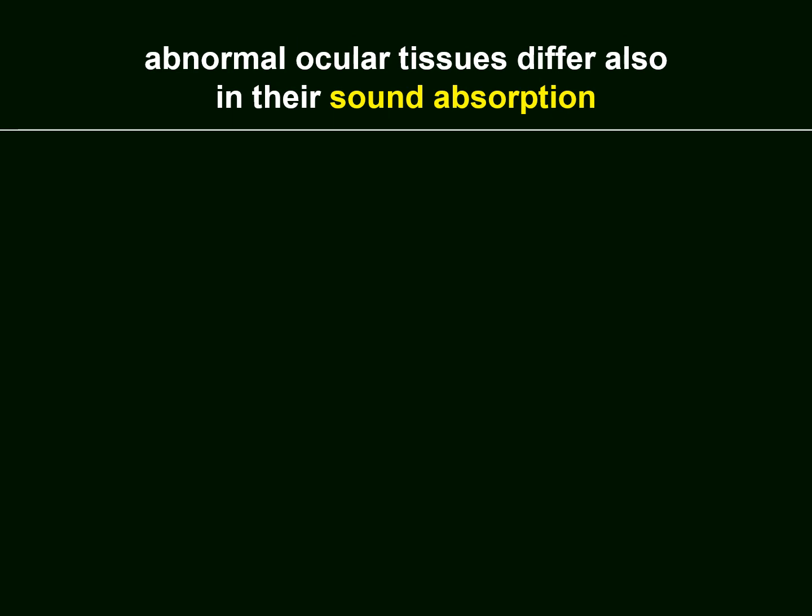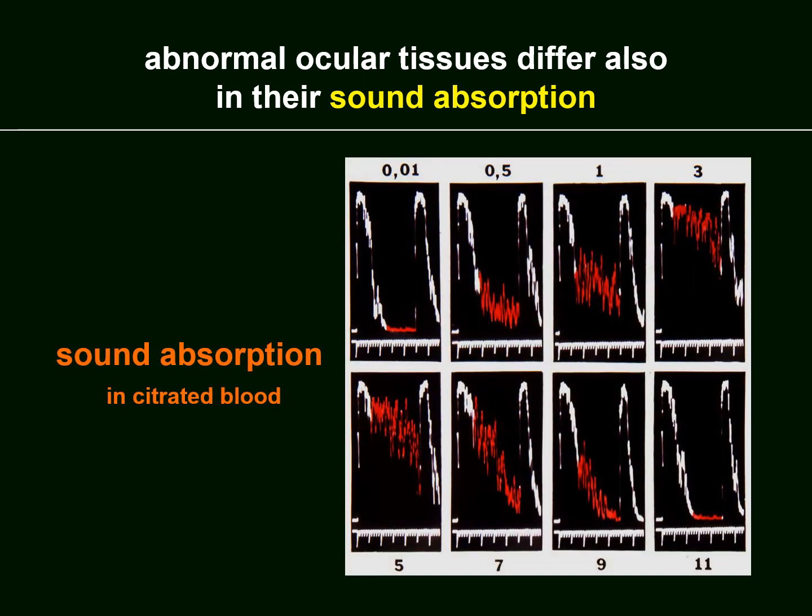Abnormal ocular tissues differ also in their sound absorption. And when looking again at our series of citrated blood samples with different cell counts, we notice that there is a sound absorption that increases with the cell count. That's why the spike height declines so rapidly here. That's an angle kappa.